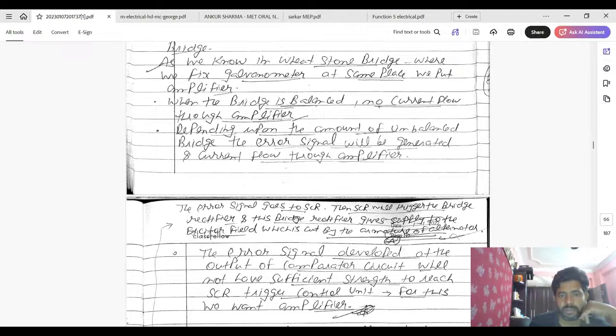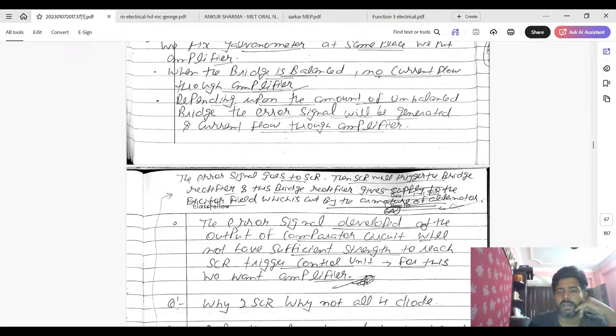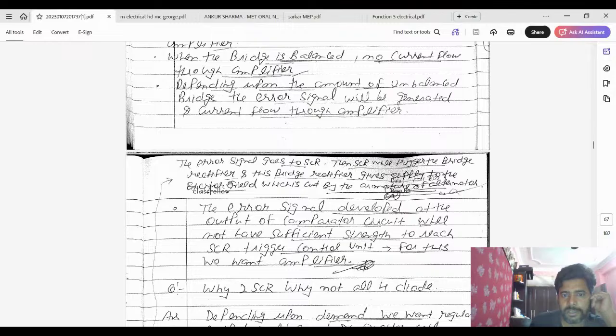The error signal goes to the SCR and triggers the bridge rectifier. And this bridge rectifier is applied to the exciter field, which is cut by the armature of the alternator.